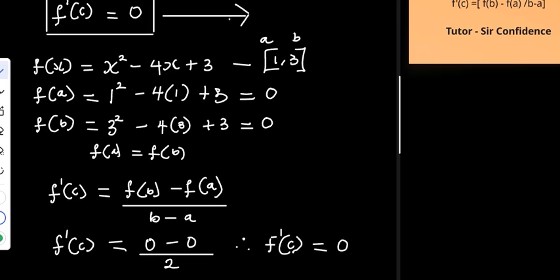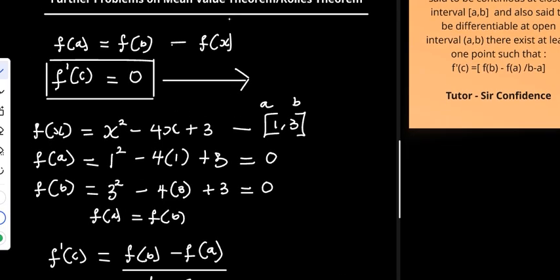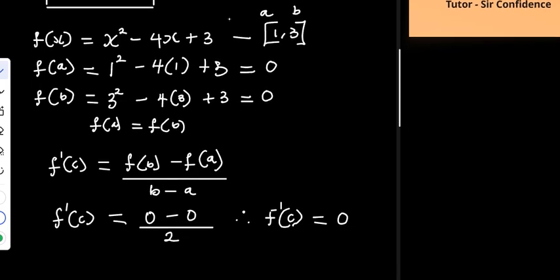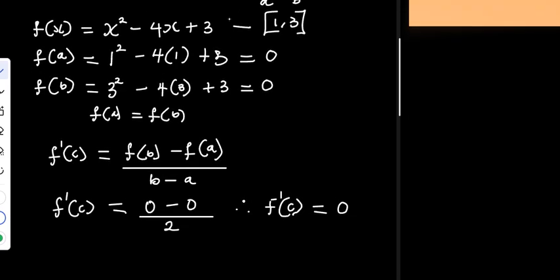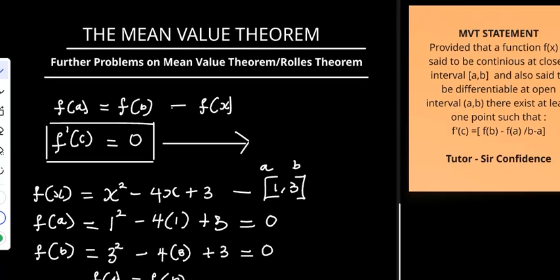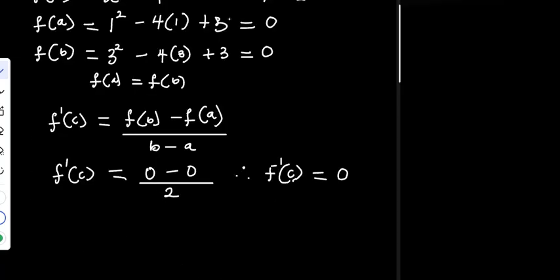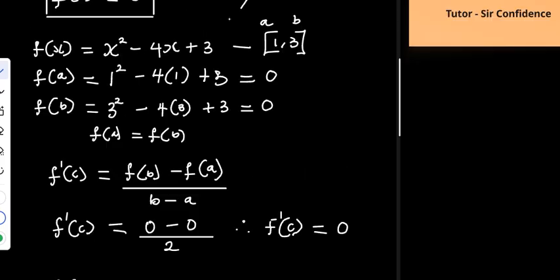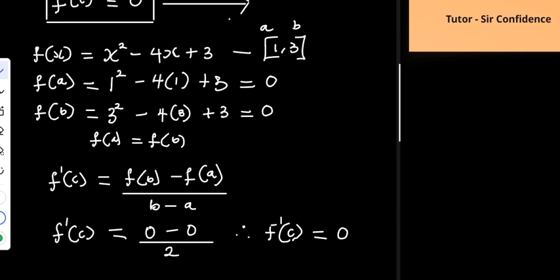So let us solve directly. If f of x is x squared minus 4x plus 3, what is going to be f of c?